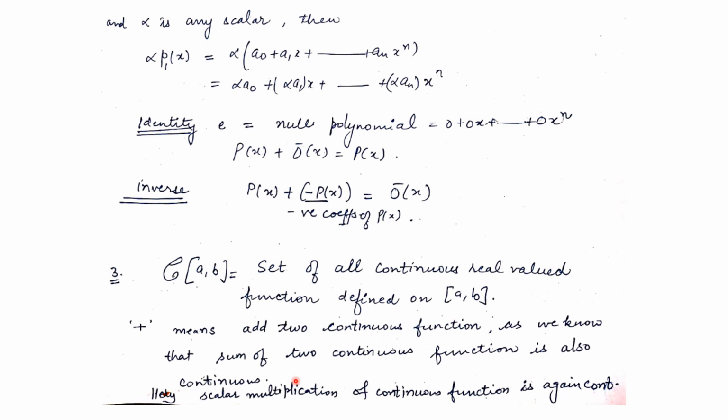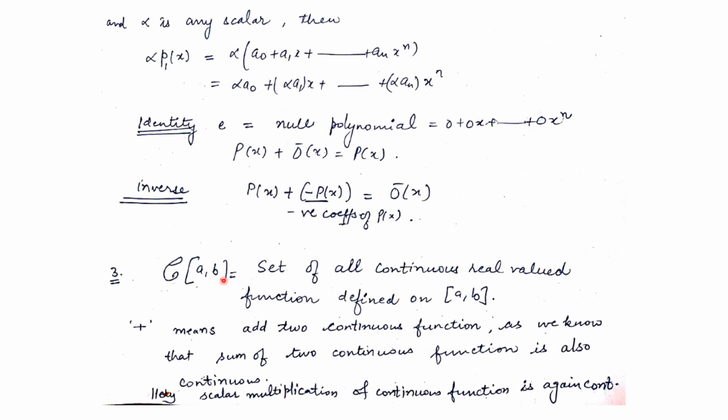As we know, if f is continuous and g is continuous, their sum is also continuous. If f is continuous and we take alpha to be any scalar, any constant, then alpha times f is also continuous. So this set is closed under the binary operation addition as well as scalar multiplication. So this is a vector space over the set of real numbers.